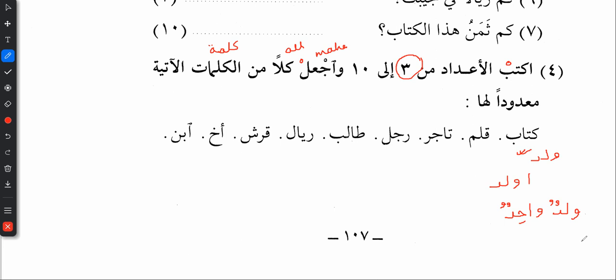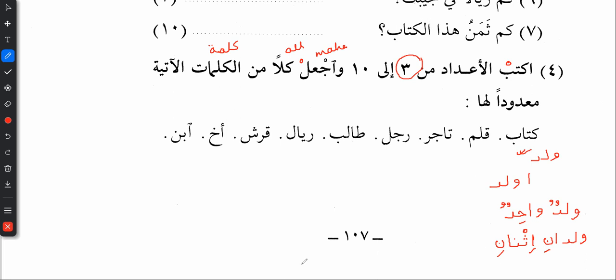Walad plus alif and noon. Waladani. And number 2 is ithnan, but you will also make the number into dual. Ithnani. Waladani, ithnani. So that's how you do numbers 1 and 2.